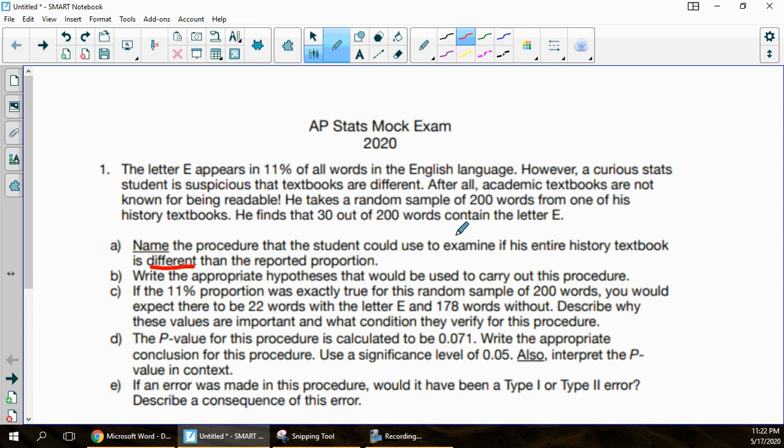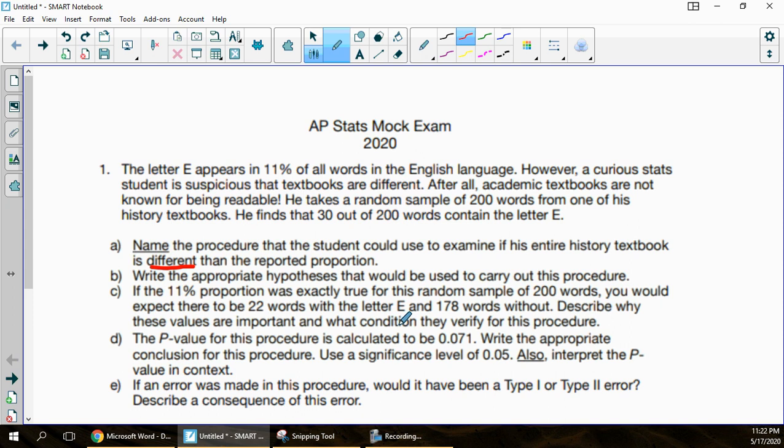Part C says if 11% was exactly true, we'd expect 22 words with E and 178 without. What are these? Well, these are the number of successes and failures that we would get. And the successes and failures ensure that I have large counts and that I've taken a big enough sample to allow the central limit theorem to result in an approximately normal sampling distribution.